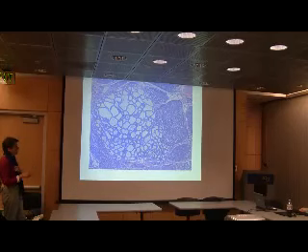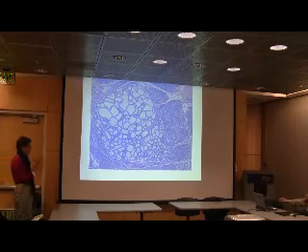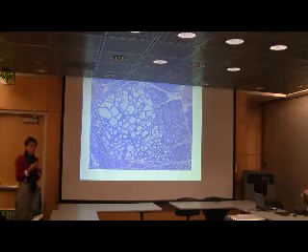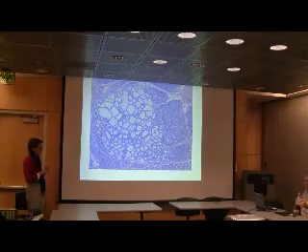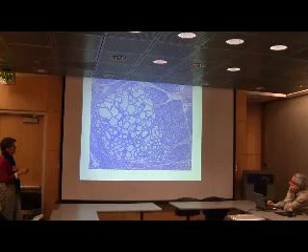Most lobules, instead of being small, become much more prominent. They're now back to back, and there's very little stroma in between.